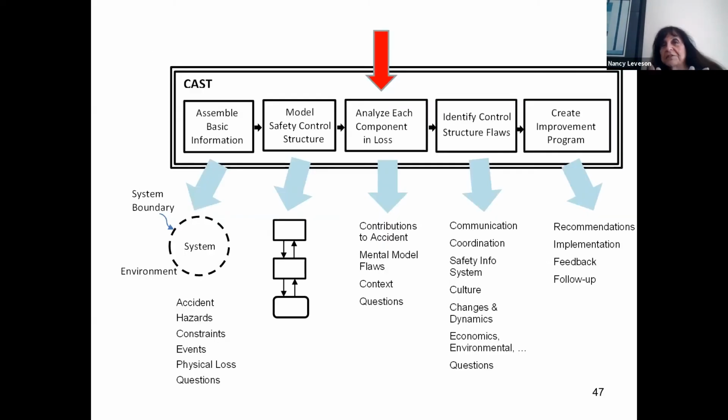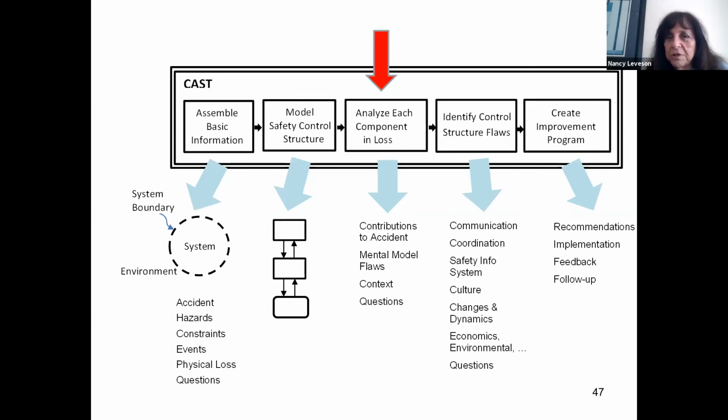Okay, so next step, analyze each component in the loss: the contribution to the accident, their mental model flaws, and the context in which they operated. They're mostly humans, so mental models makes a little more sense. This is all related to STPA, but we're doing the same thing after the fact, and we don't have to do all of it.